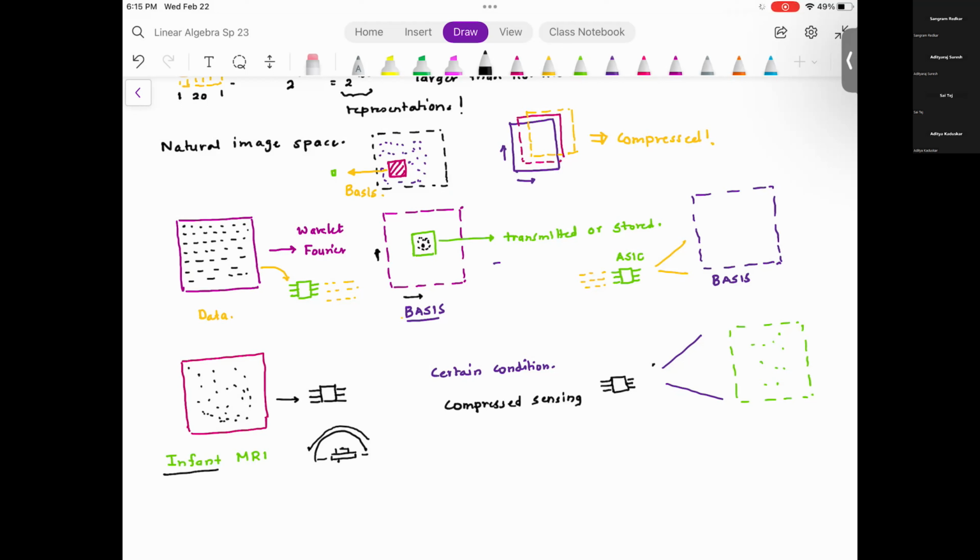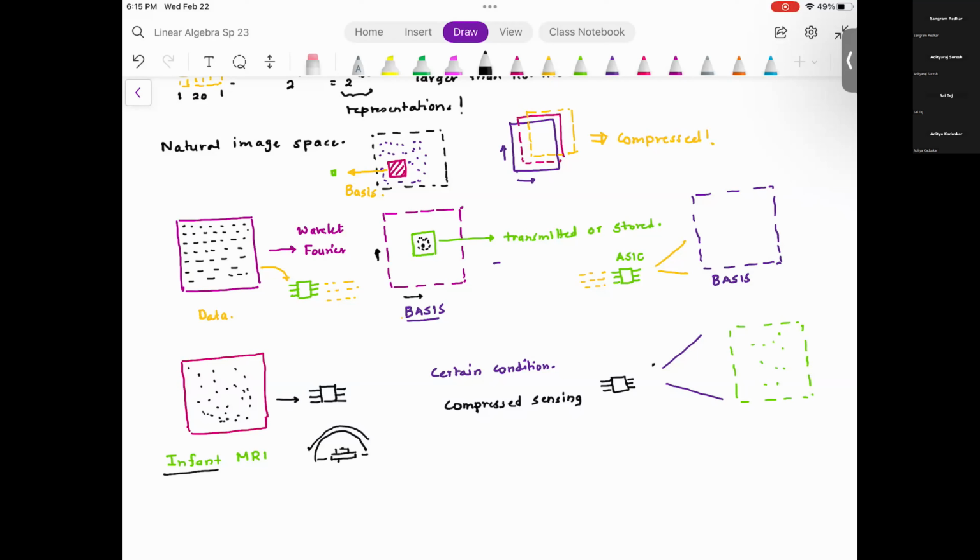What that means is, by interpolation, if the whole body scan initially was taking 10 minutes to complete, then it can now be completed in seconds. So that is the advantage of compressed sensing. All modern MRI machines use compressed sensing.